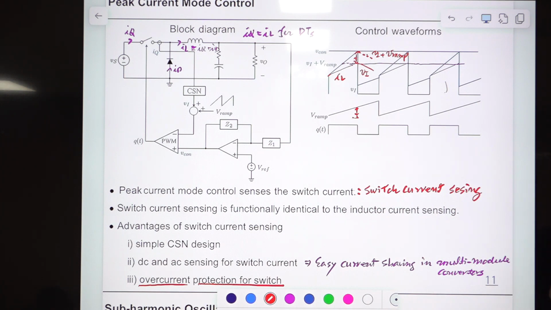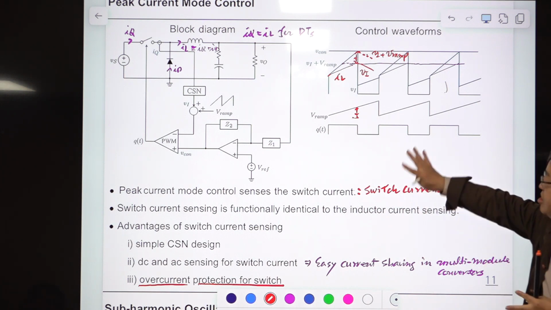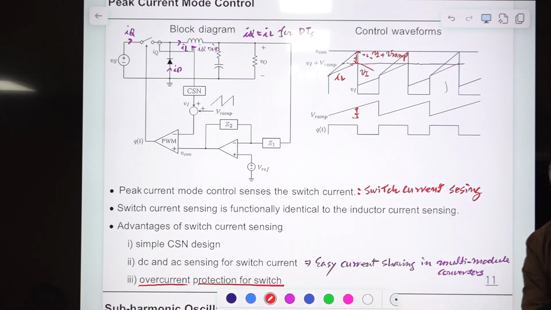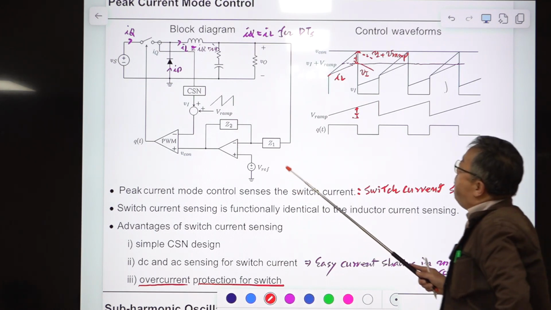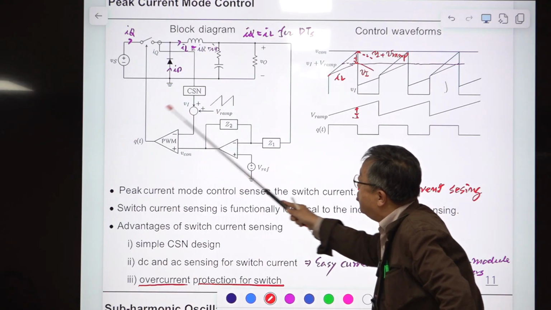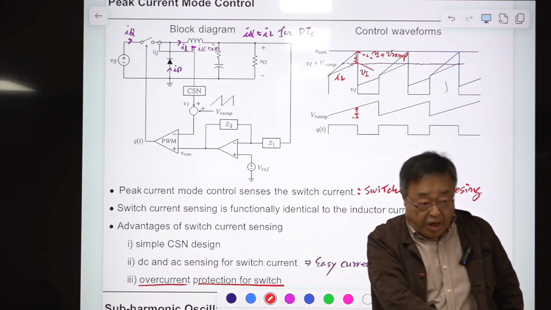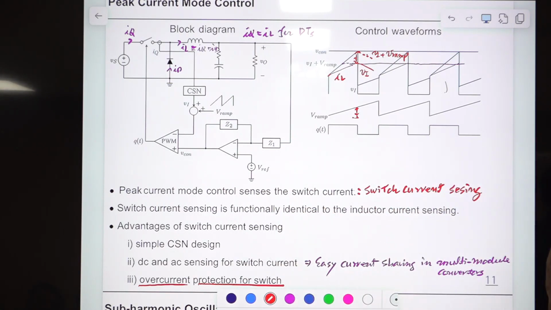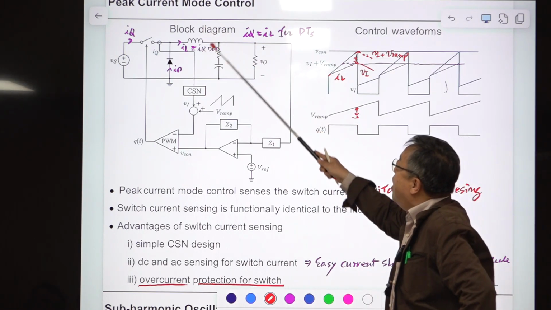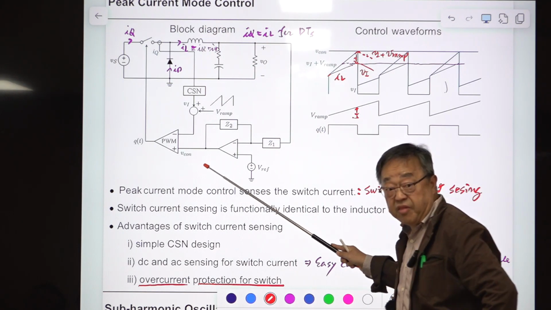But even if each module were ideally identical, which is impossible, the current sharing would be different. For a 200 ampere current, this one should take care of 100 amps and the other one another 100 amps. But usually this one takes 10 amps and that one takes 190 amps.